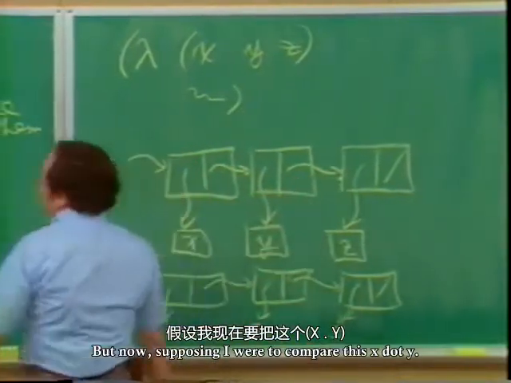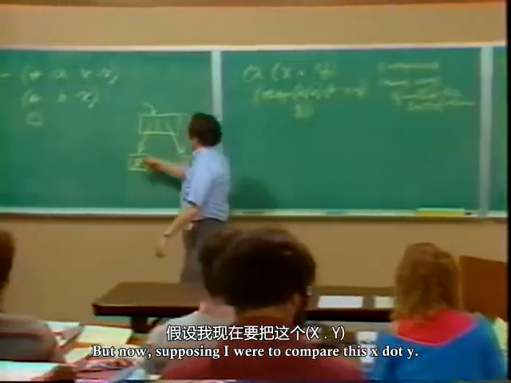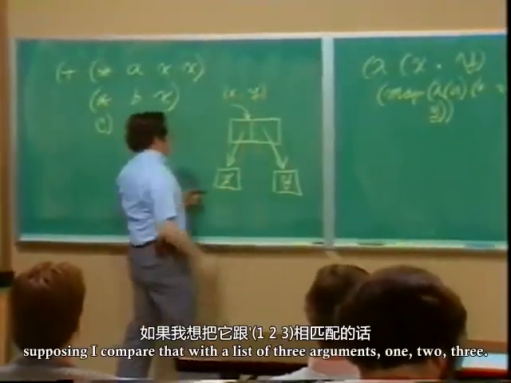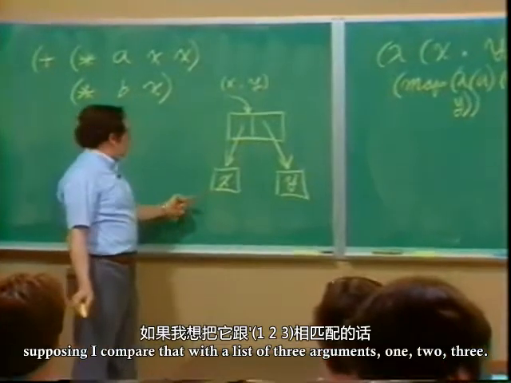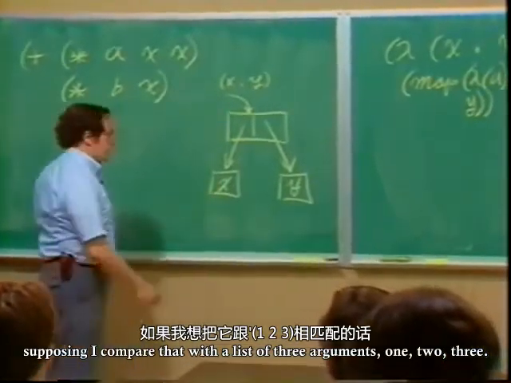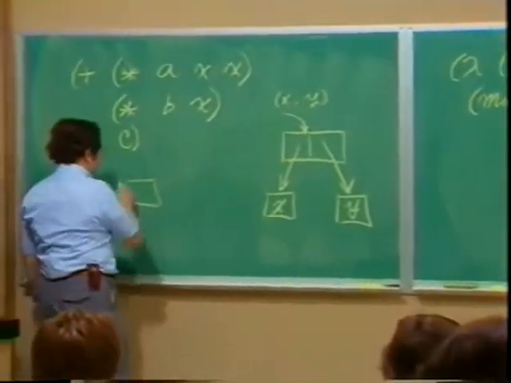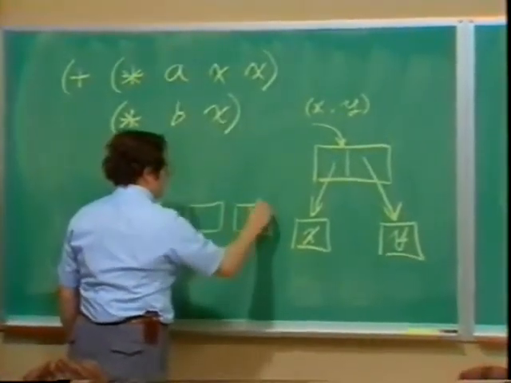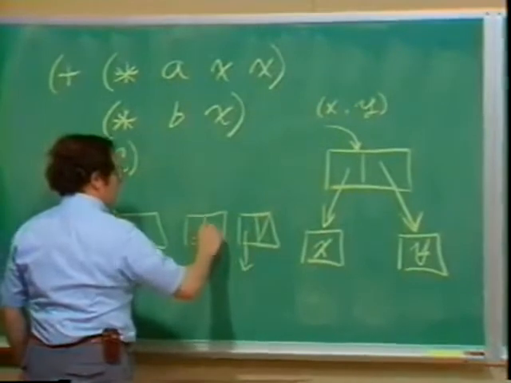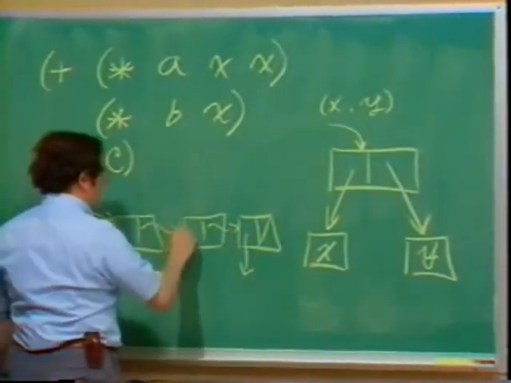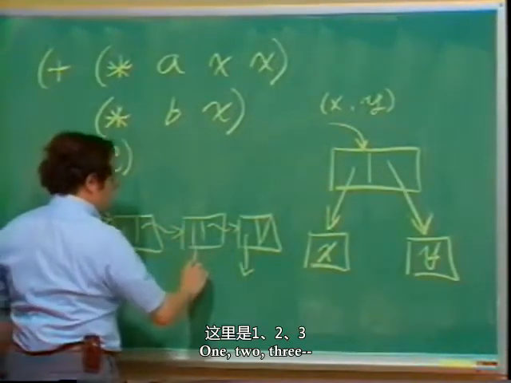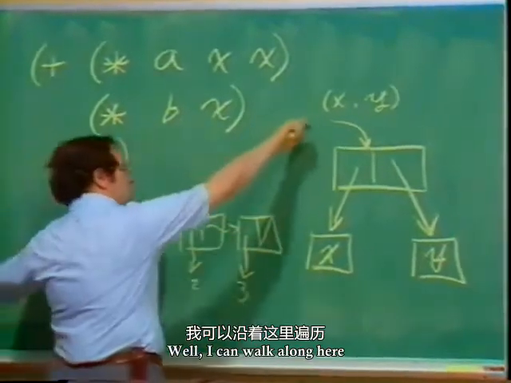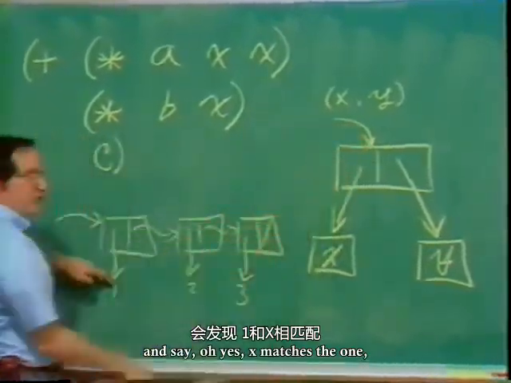But now supposing I were to compare this, x dot y, with the list of 3 arguments 1, 2, 3. Let's look at that again. Well, I can walk along here and say, oh yes, x matches the 1.